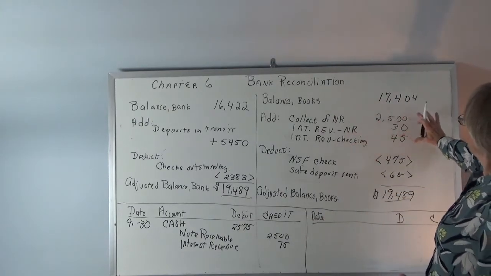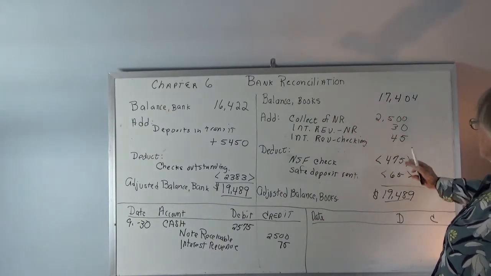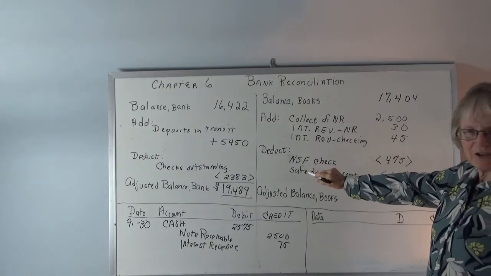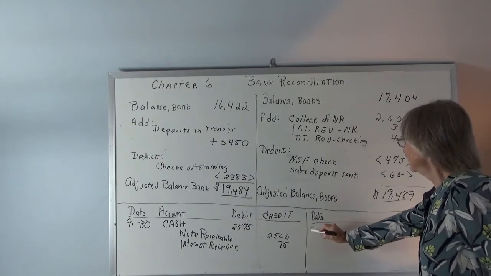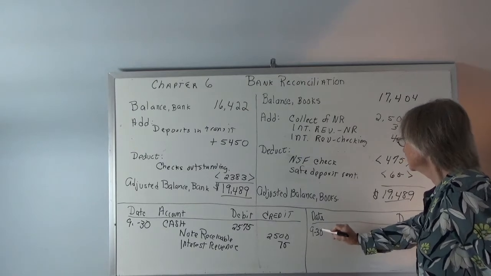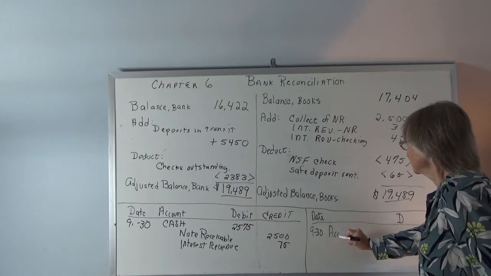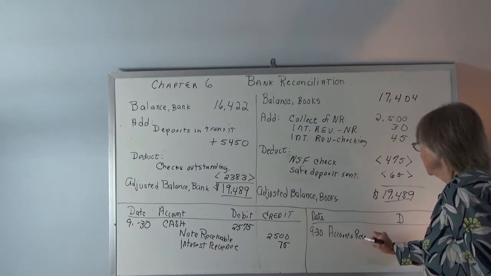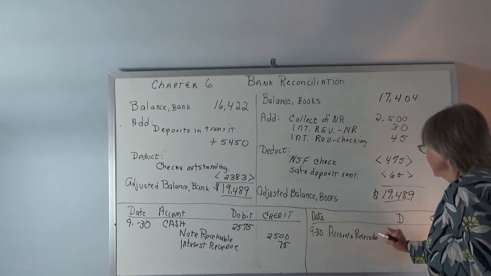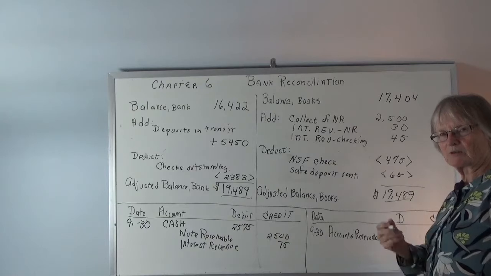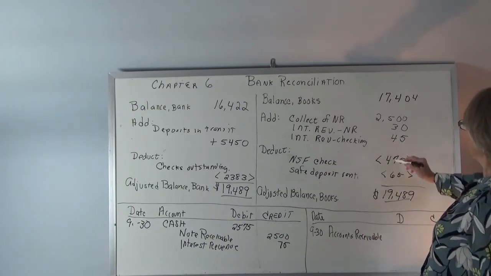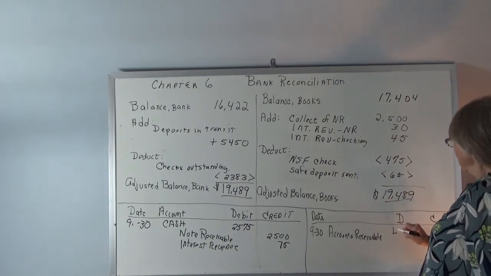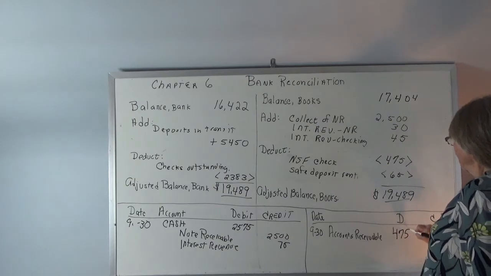So we've accounted for the increases, now we account for the decreases. NSF check is not an account. That would be increasing that particular customer's accounts receivable. So we have to add back that accounts receivable because we didn't really receive it because the customer didn't have any money in the account. So that's got to go back for 475, right?